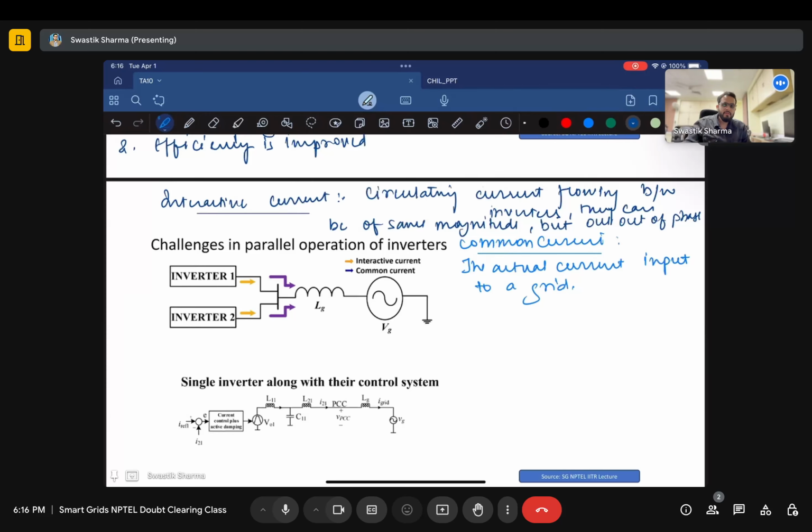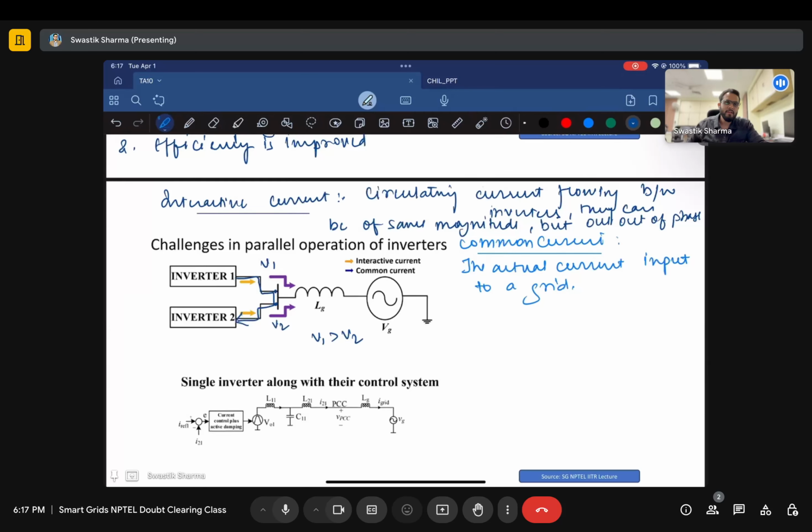Let's say there is an inverter one connected here, and its terminal voltage V1 is greater than V2. If V1 is greater than V2, the current from the higher voltage side will transport to the lower voltage side, and there will be a circulating current. This won't go to your grid, but it will cause unnecessary heating of your inverters, right?